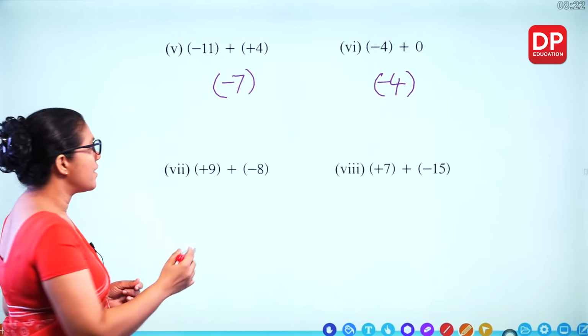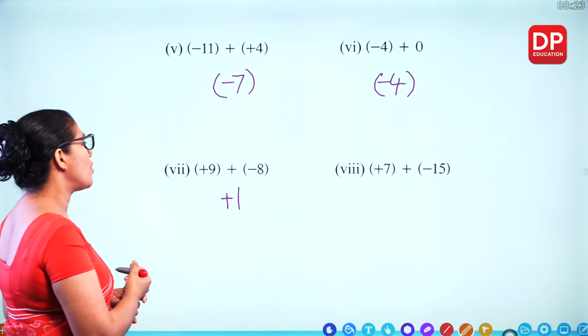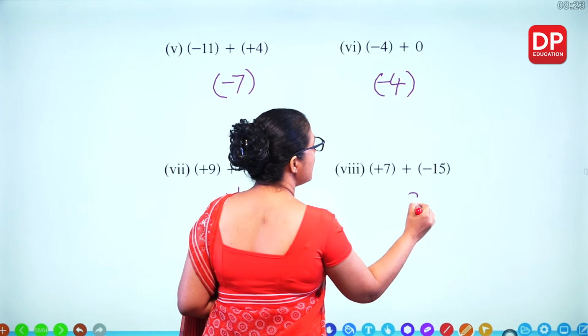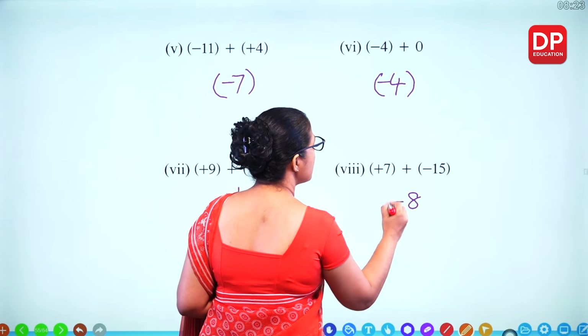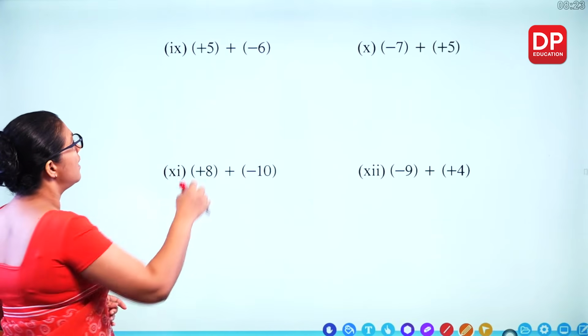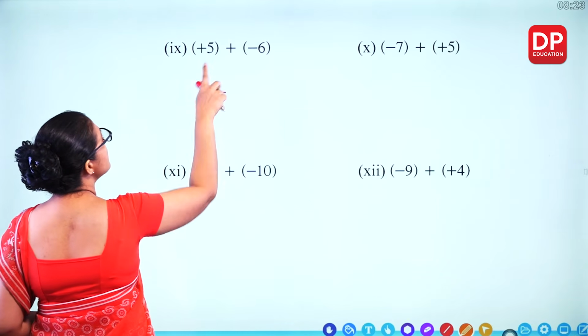9 and 8 difference is 1. Larger number is positive. So you get positive 1. 7 and 15. The difference is 8. Larger number is negative. 5 and 6. Larger number is negative. So the answer is negative.